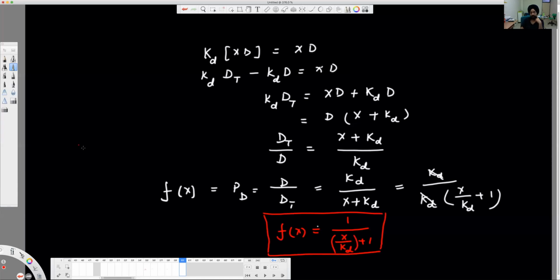Okay, so if we have this equation, then if we plot it now, how would it look like? Let's say I plot the x versus f of x here. Remember, this is repression, right? How would it look like? There will be a decline, some kind of exponential decline, right?